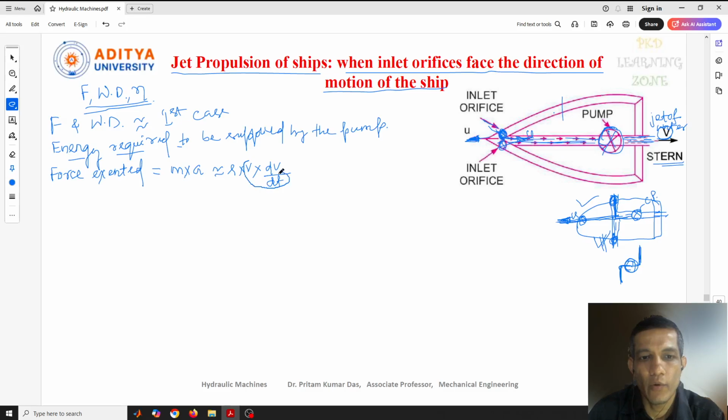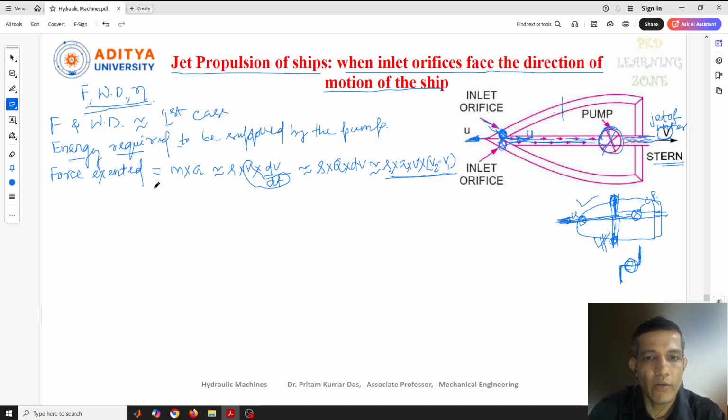So volume with respect to time is the discharge. So we can write rho into discharge Q into dV, the change in velocity. Again, in place of discharge I can write A into V, area into velocity. This is the discharge formula. And in place of dV we can write V2 minus V1, final velocity minus initial velocity. So this is the terminology we can write here.